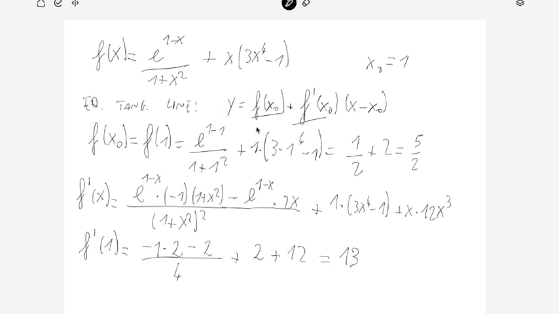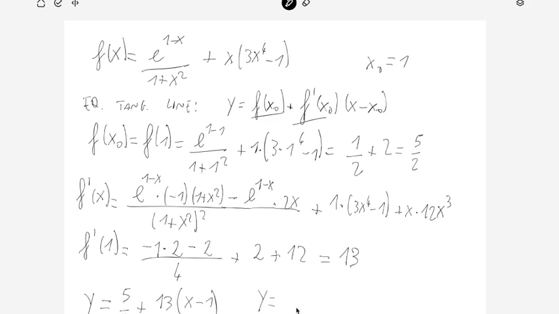We just have to substitute here the results we obtained. So f of x0, it is 5/2 plus the derivative at x0, which is 13, times x minus 1.